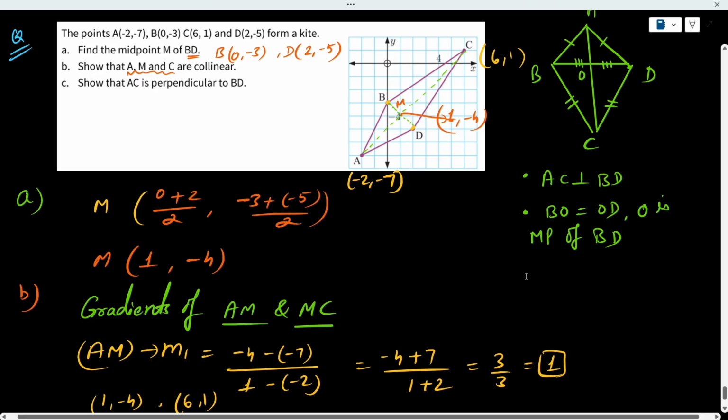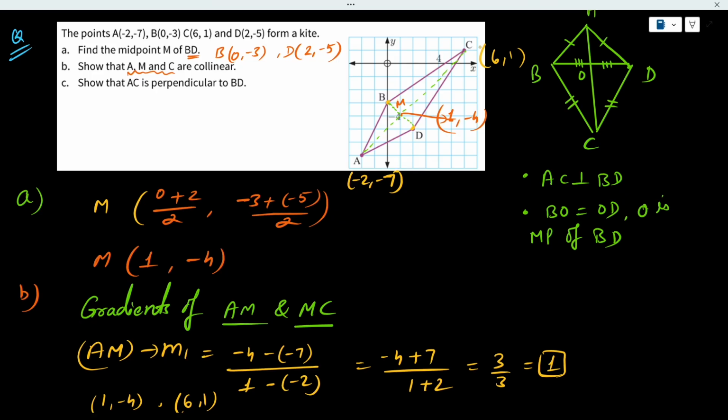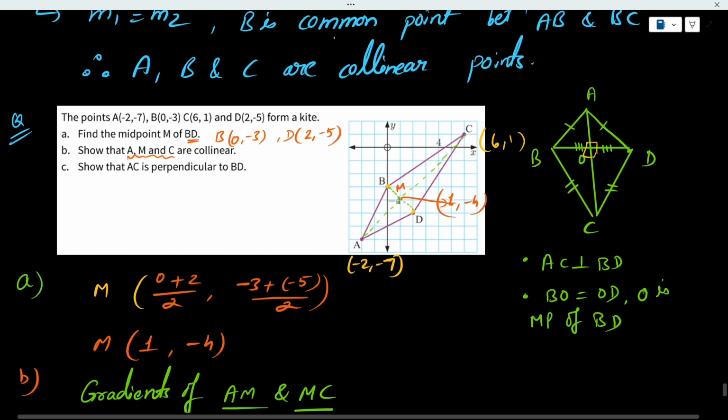Now after that, you need to show that AC is perpendicular to BD. We know that as per the property of a kite, it is perpendicular, but you can't just write that. To check perpendicularity, you need to show that the product of their gradients is -1.